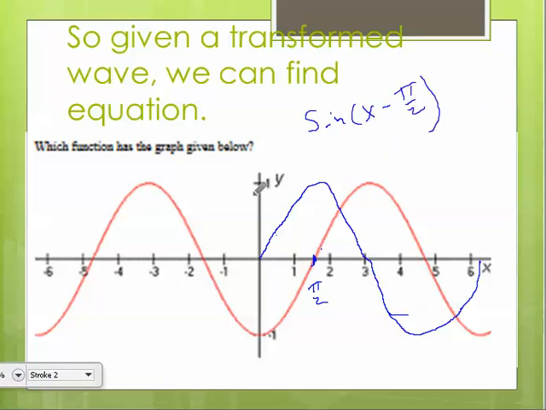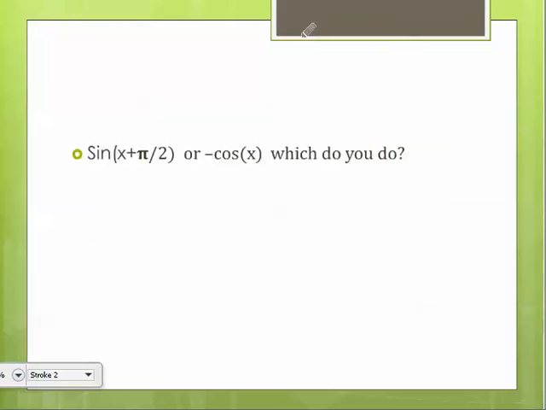Another thing I could see here is, you know what, a cosine starts up here. It does like this. And so what we could be looking at here would be a negative cosine of x. Either one of those. You know what? That's exactly what the answers are on.